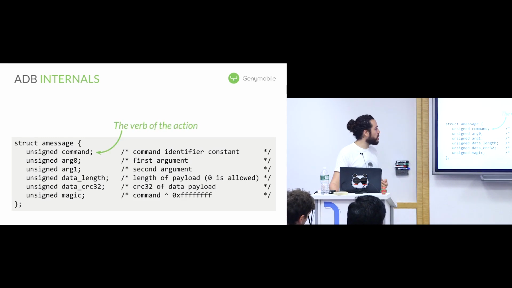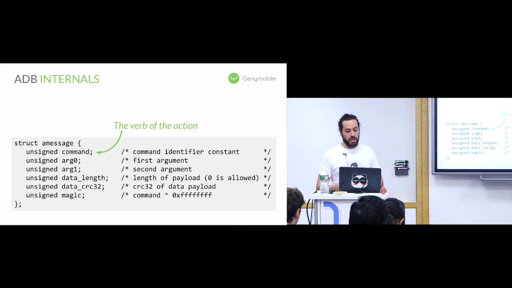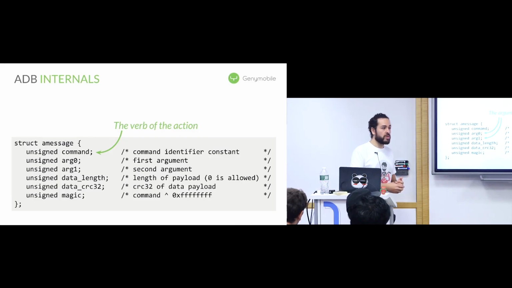The first is the command. The command is the real verb of the action. The message transports an intention, and the command describes this intention. Then you have arg0 and arg1, which are silly names, but actually not. They are generic parameters.